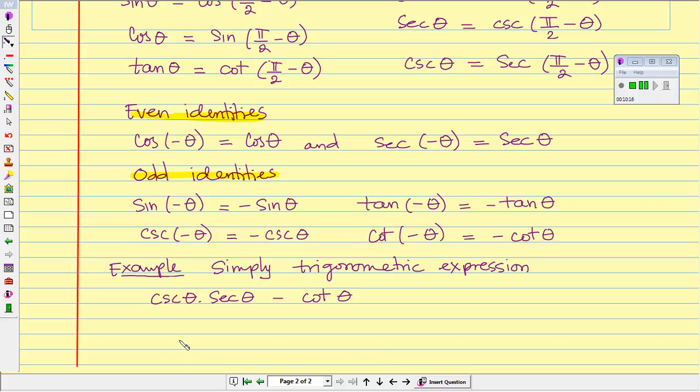The first thing we are going to use is the quotient identities. Let's make a note here: use quotient identities.